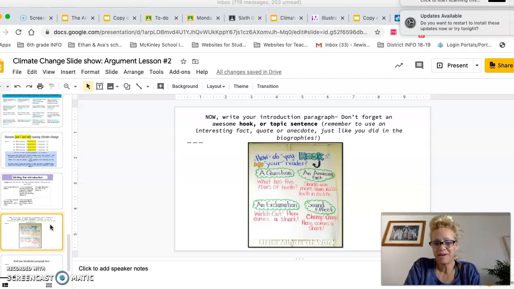And again, coming back to what we talked about earlier is the hook. You guys did an amazing job on your biographies, writing interesting hooks, so I know you know how to do that really well. So don't forget to use an awesome hook or topic sentence, and I gave you some examples here on this chart.